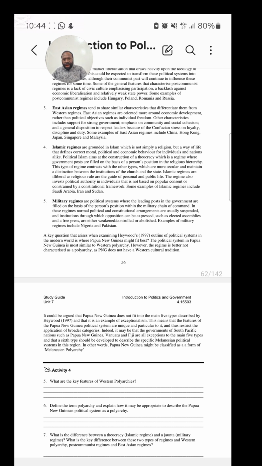East Asian regimes are oriented more around economic development rather than political objectives such as individual freedom. Okay? And I'll explain a bit further on this. The communist China is different from communist Russia. In East Asian regimes, basically East Asian regime talks about countries in East Asia.